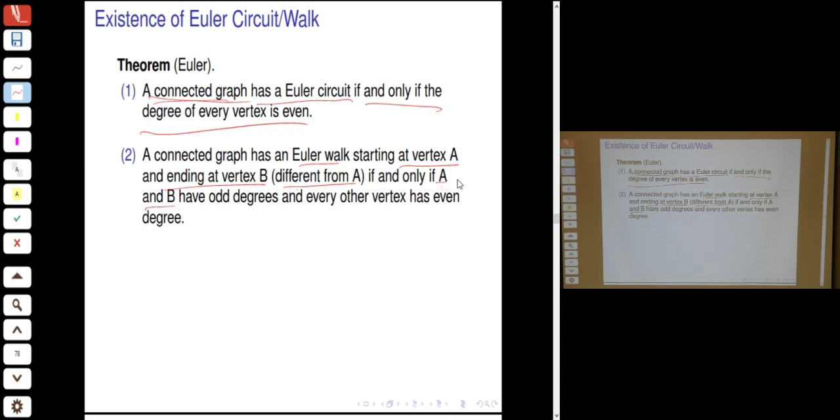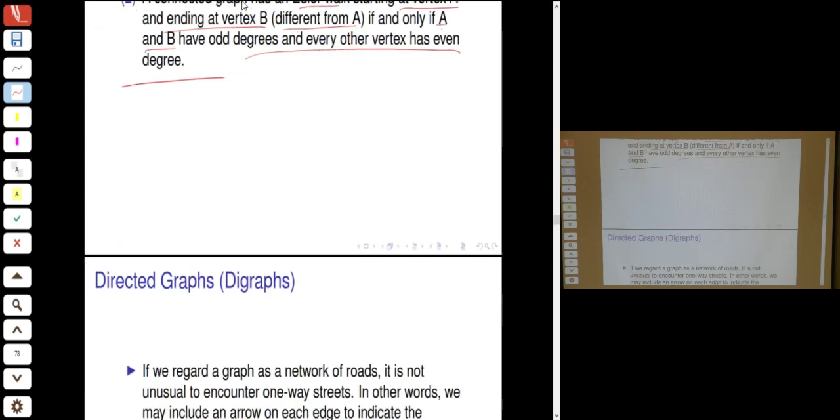The starting and the ending vertices will have odd degrees, and every other vertex will have even degrees. In some sense it is quite similar to the condition for the existence of an Euler circuit. An Euler circuit exists if every vertex has even degree. For an open Euler walk, the starting and the ending vertices have to have odd degrees, and every other vertex has even degree.